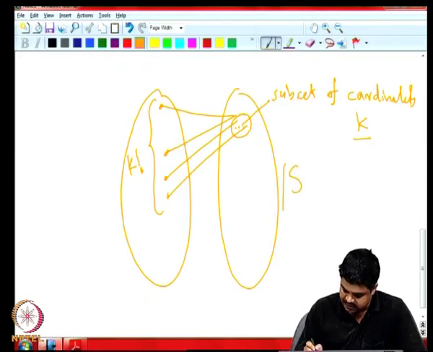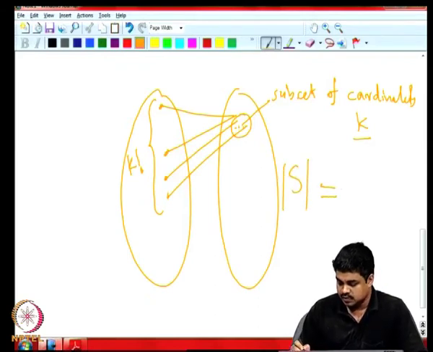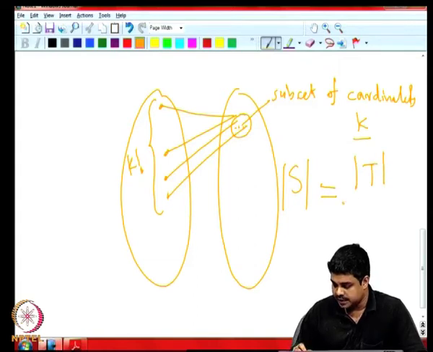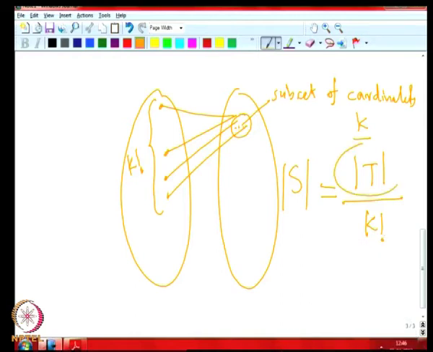now we can say that the cardinality of this set S is equal to the cardinality of T divided by k factorial, and we know the cardinality of T. What is that?